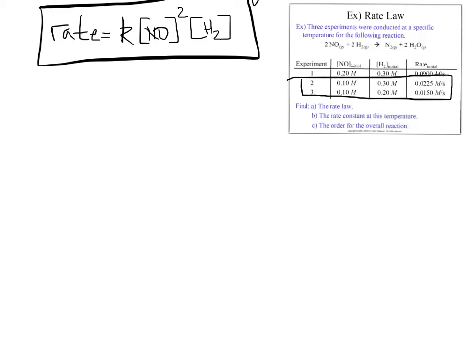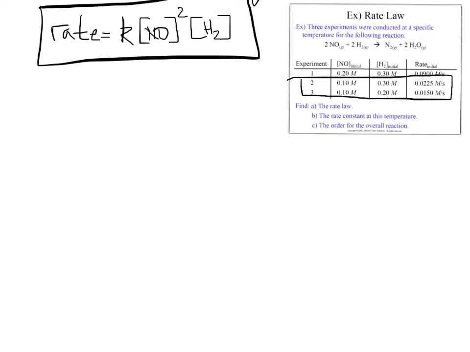So what we're left with then is seconds inverse and molarity squared on the bottom. So what this would come out to be then, since that seconds is on the bottom of the top, it would also be on the bottom there. So we would write this out as molarity inverse squared times seconds inverse.